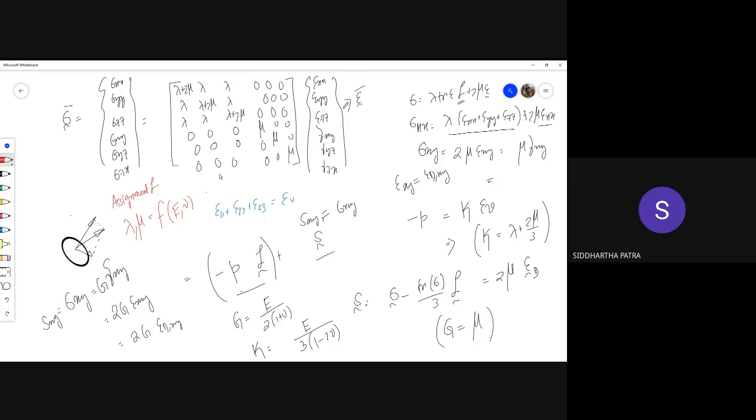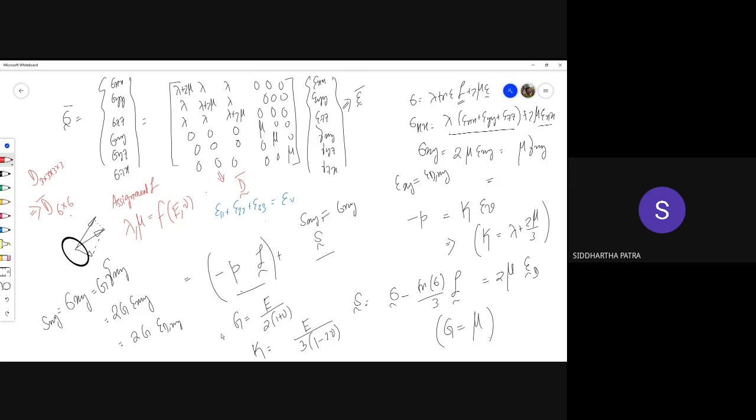So this one right here is the strain tensor in Voigt notation. And this is your 6 by 6 elasticity tensor, which ideally is an 81 component fourth order elasticity tensor. But using the symmetry of the stress and the strain tensor, you can reduce it to a 6 by 6 second order elasticity tensor.